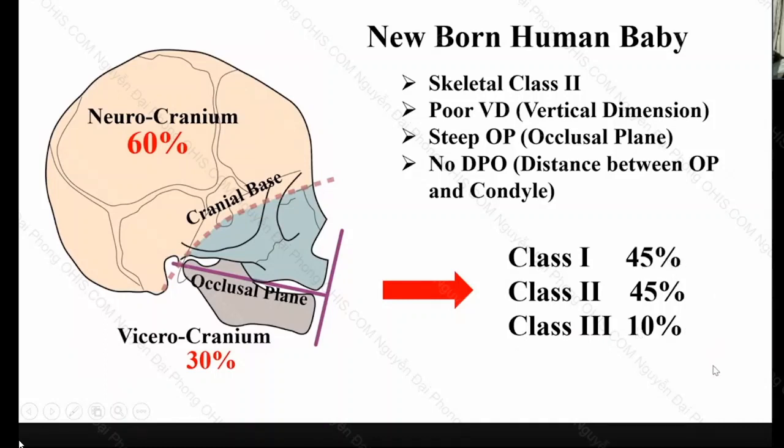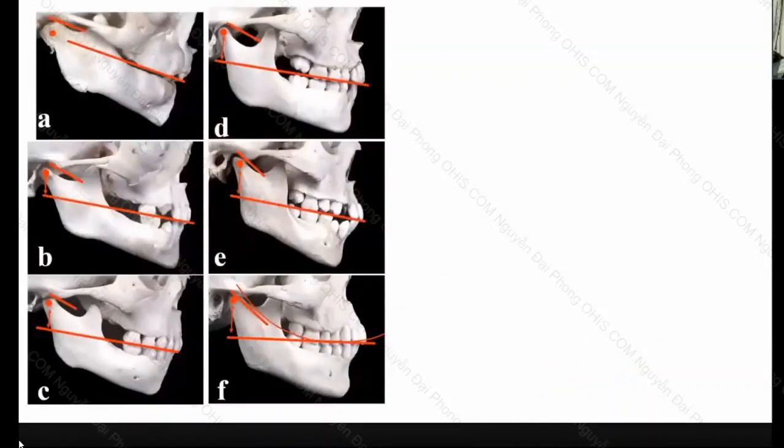So how will this skeletal morphology develop? This is the newborn baby through the permanent dentition stage. You can see the change. Slowly the milk teeth erupt, then the occlusal plane goes a little bit posteriorly down. Therefore, DPO is increased slowly.